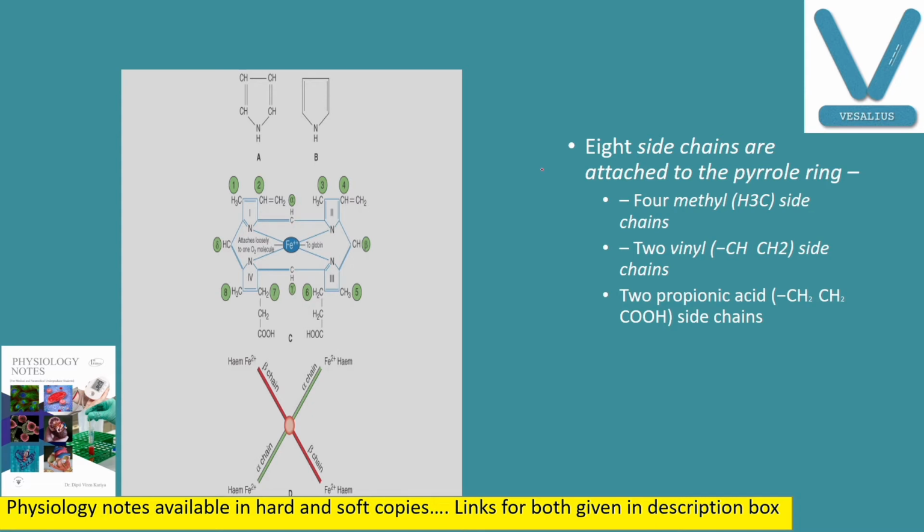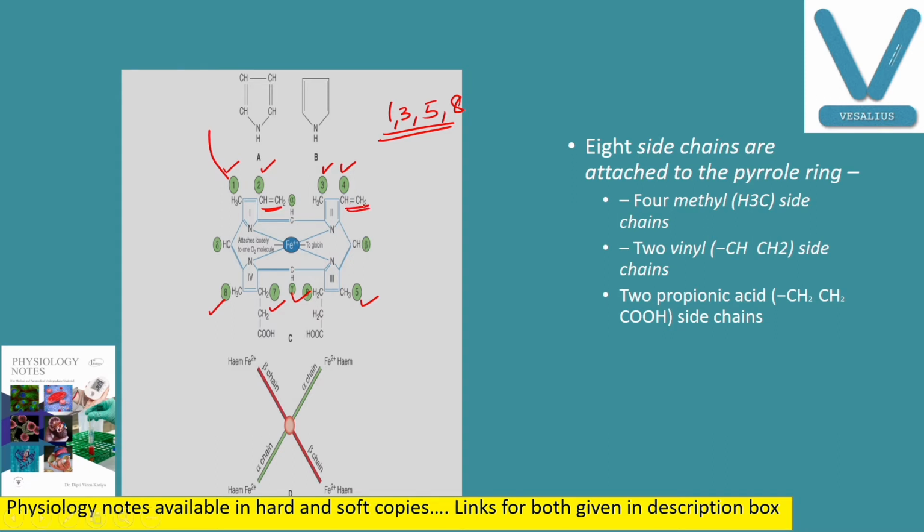Now, 8 side chains are attached to the pyrrole rings. You can see here, this is 1, 2, 3, 4, 5, 6, 7 and 8. There are 4 methyl side chains, at the 1 position, 3 position, 5 and 8 position. Then vinyl side chains, that is CH=CH2, at number 2 and number 4.